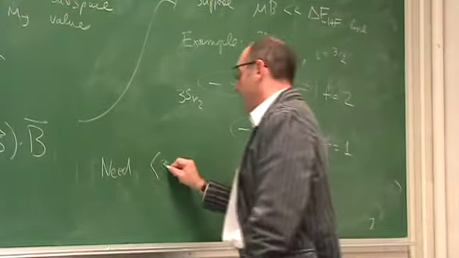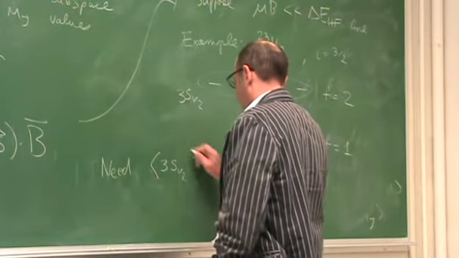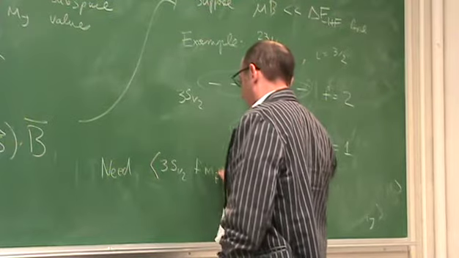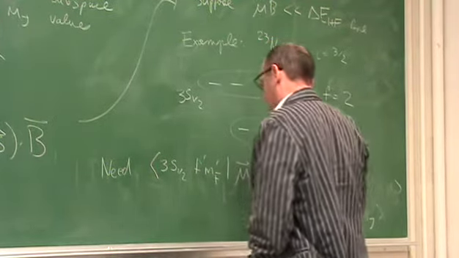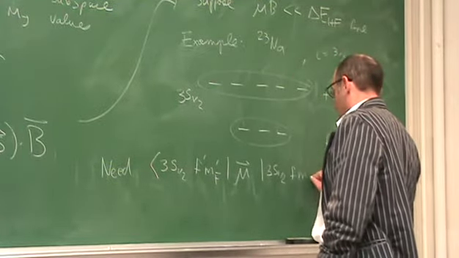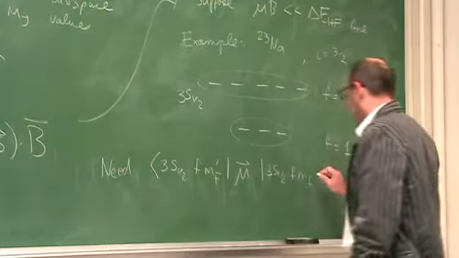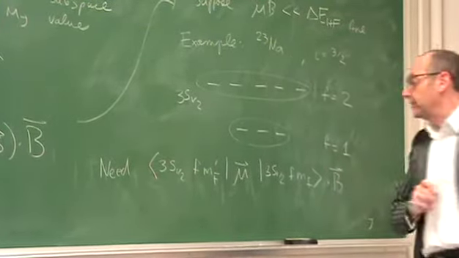So we have 3s 1/2 F m sub F prime of the interaction, and we're saying this is small, so we restrict to a particular F, and we need these matrix elements.